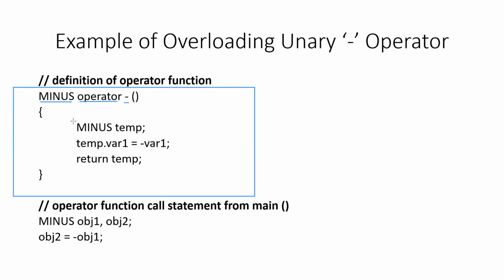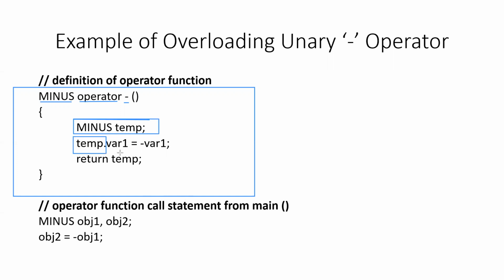So what we are going to do is create a temporary variable, or an object of the minus class, in line number 1. I repeat, this line is used to create an object temp of the minus class.